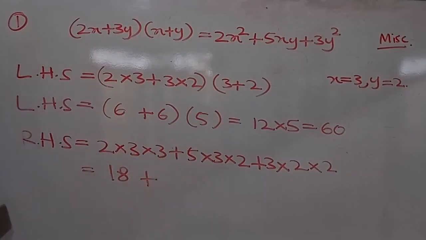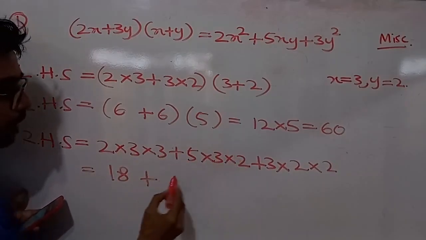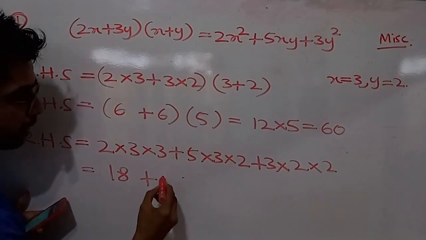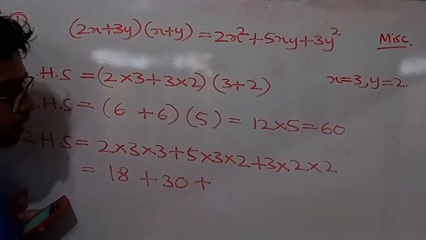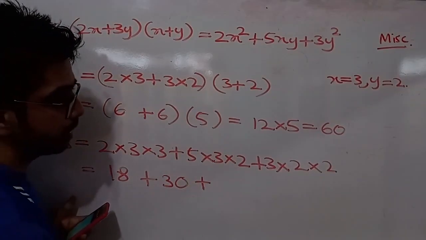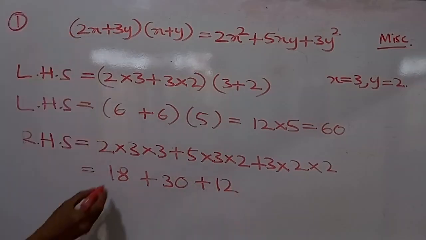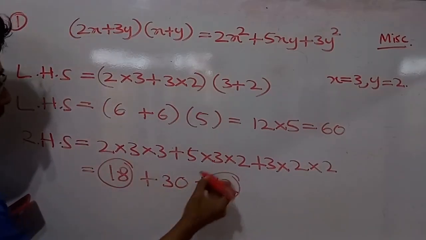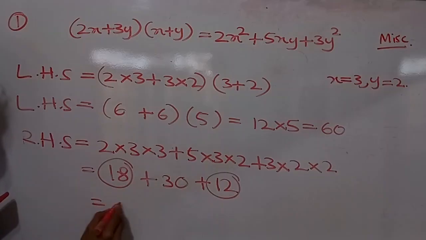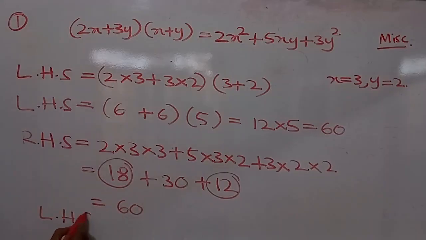Plus 5 times 3 is 15, 15 times 2 is 30. Plus 3 times 2 is 6, 6 times 2 is 12. Now 18 plus 12 is 30. 30 plus 30 is 60. Left hand side is equal to right hand side.